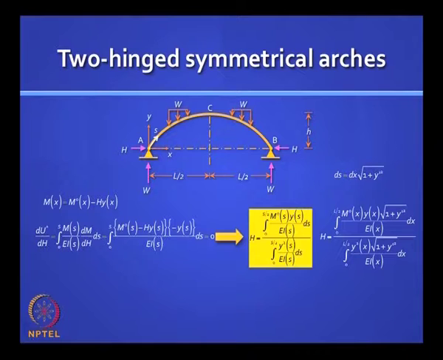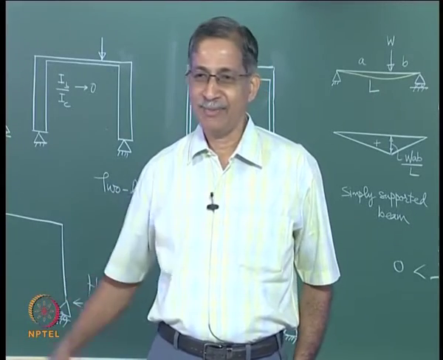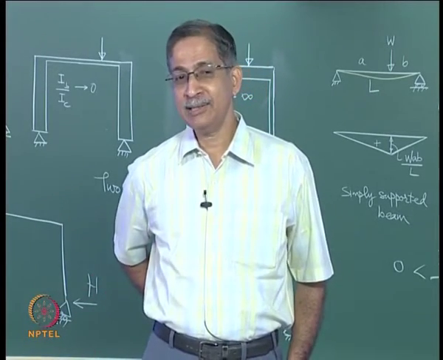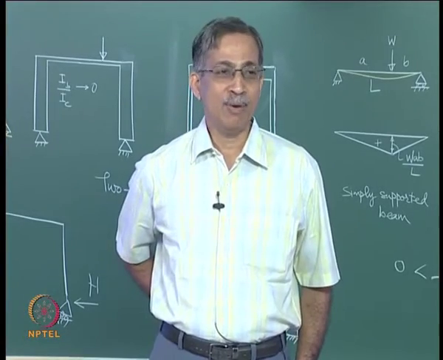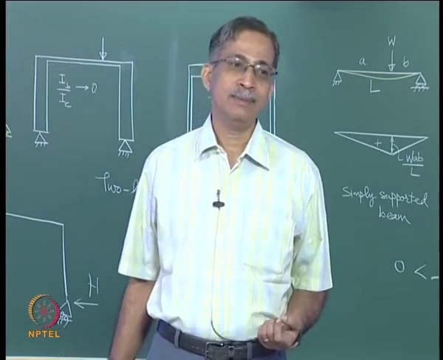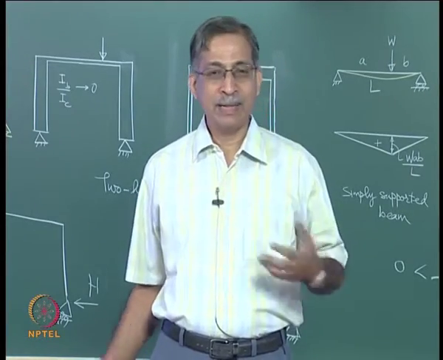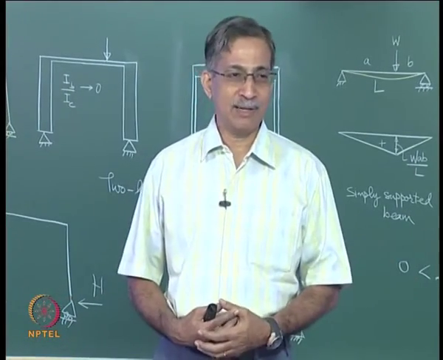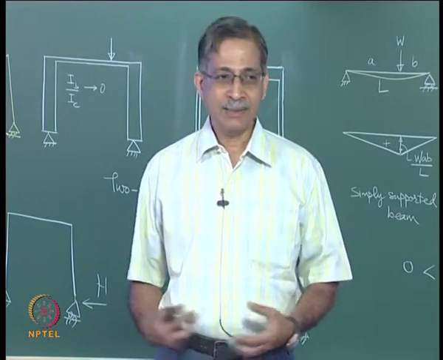Can we assume EI to take some variation along the span? Where do you think the arch should be thicker, at the crown or at the supports? Why? Where is the actual compression more, at the crown or at the supports? At the supports.